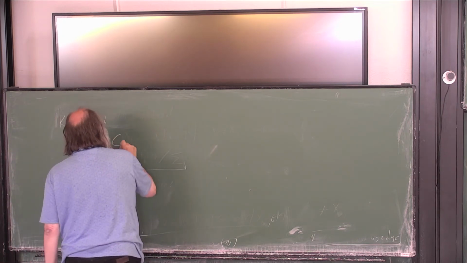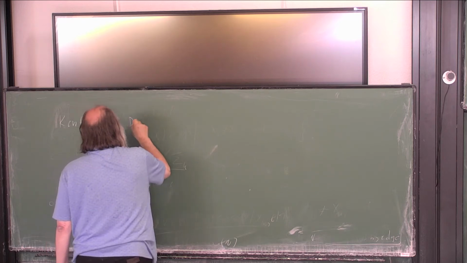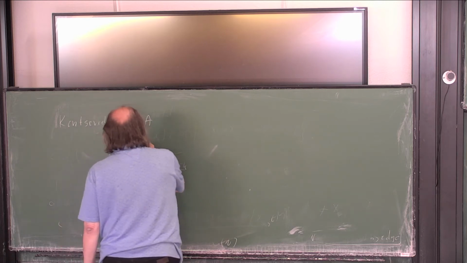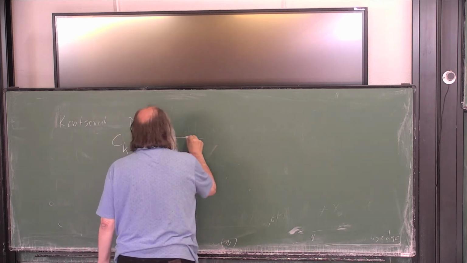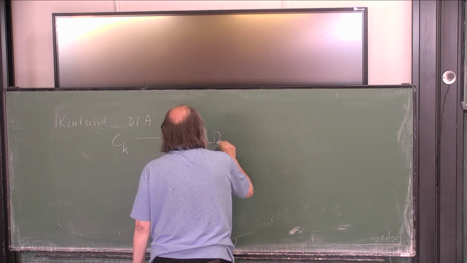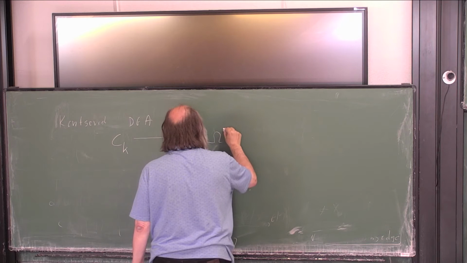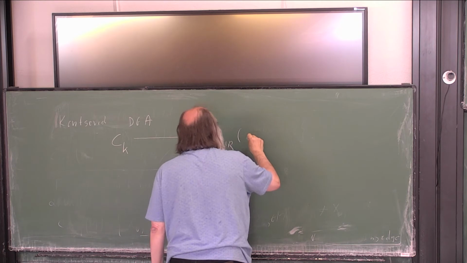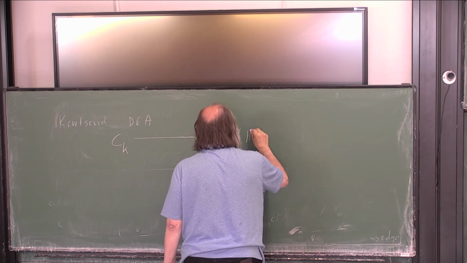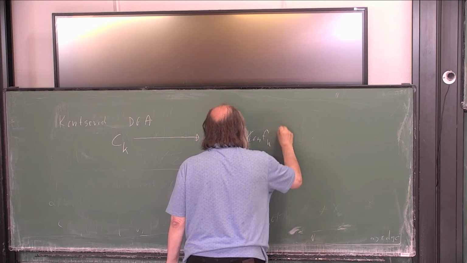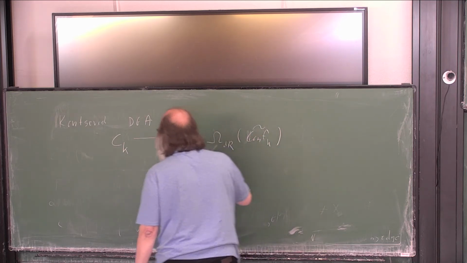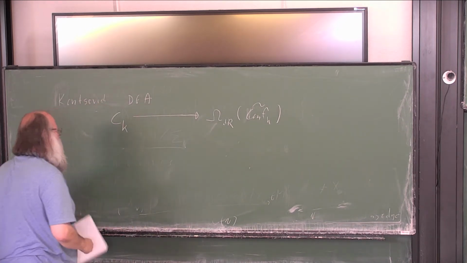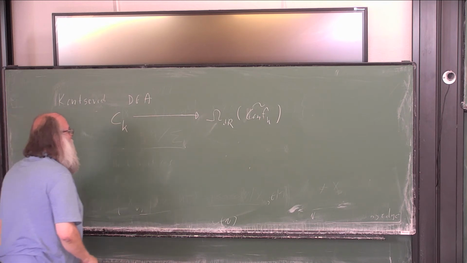You construct a DGA, and now you make a map of this into the de Rham cohomology of the configuration space. So this is now the oriented one, the ordered one. So, okay, how do you do this?